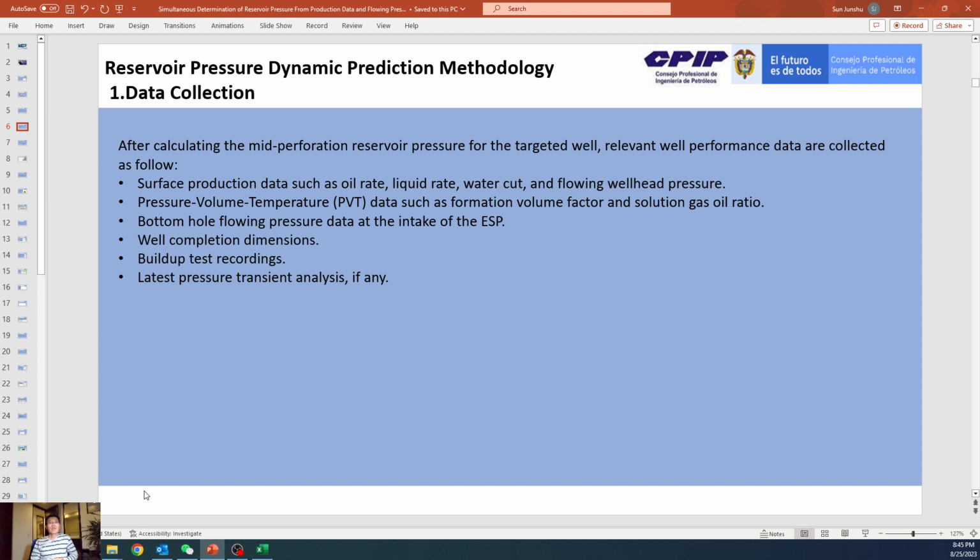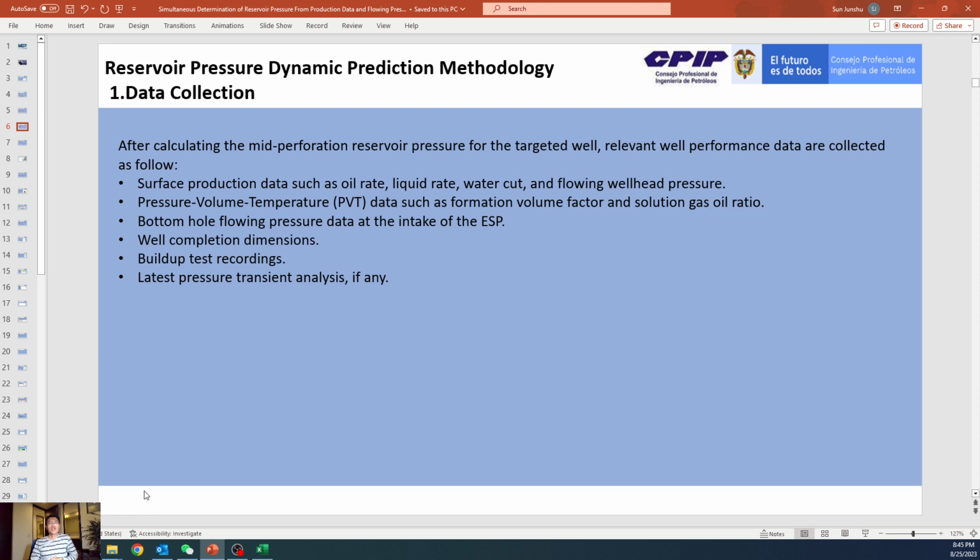After calculating the mid-perforation reservoir pressure for the targeted well, the relevant well's performance data are collected as follows. Surface production data, such as oil rate, liquid rate, water cut, and the flowing wellhead pressure or the intake pressure.